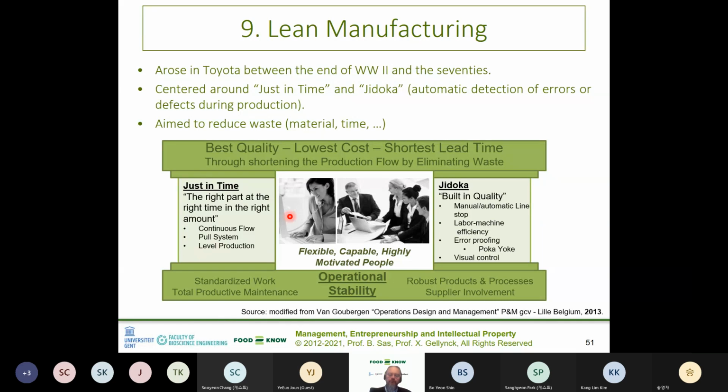This is a picture from one of the PhD students at Ghent, from my colleague Xavier Helling, on lean manufacturing, looking at best quality, lowest cost, shortest lead time, where you have the just-in-time and the Jidoka principle, and then have operational stability, where you have the most efficient way of operating with the lowest amount of energy required and the lowest amount of waste and lowest amount of reworks. So waste is also finished goods which are not according to specifications.